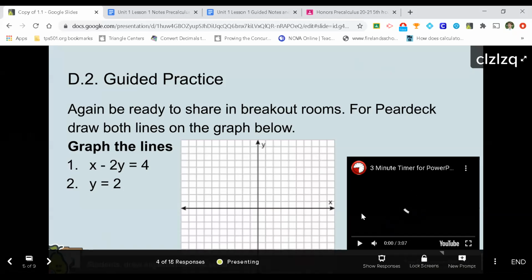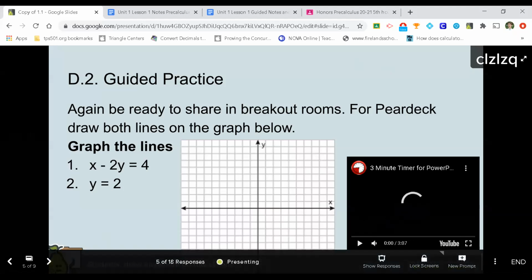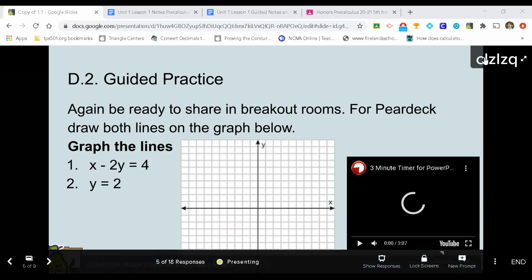And now my 3-minute timer doesn't want to work. I'm going to know 8:22. 8:22 is when I'll check your graphs for how bad they are. Dylan, the join PD code is in the top right.